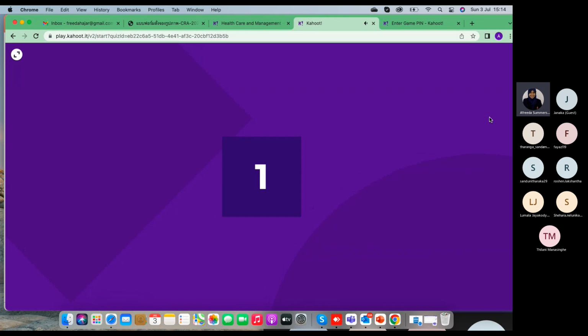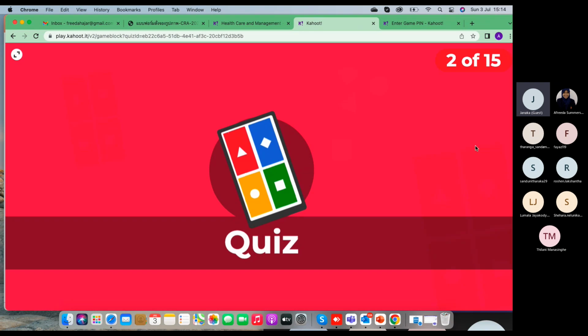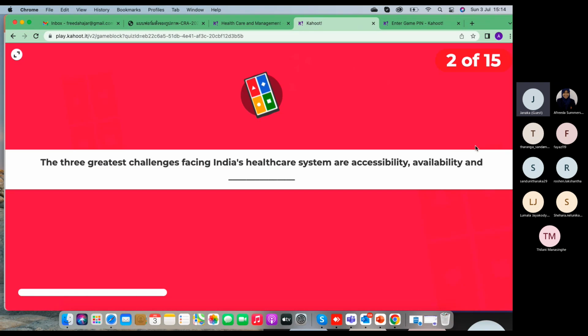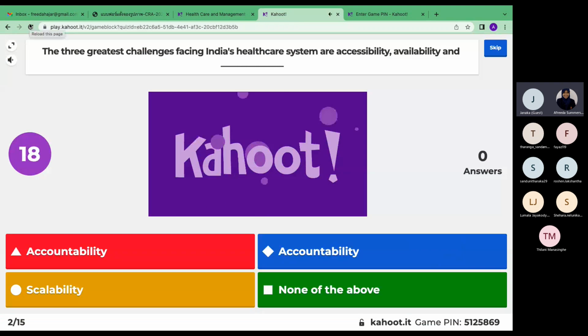Okay, first question. The 3 greatest challenges facing India's health system are accessibility, availability, and what is the answer? You all have 20 seconds to answer.